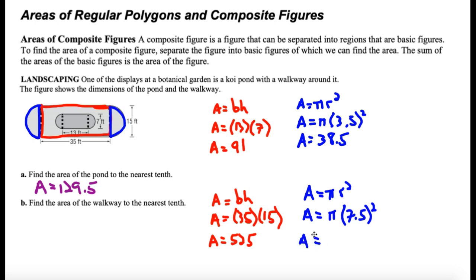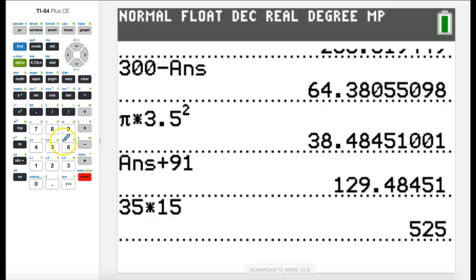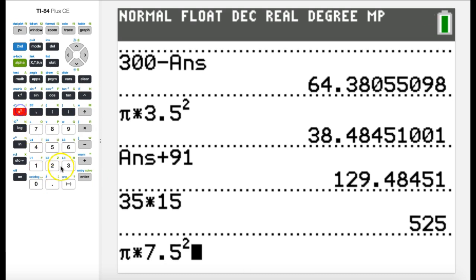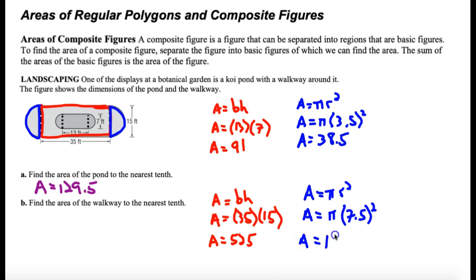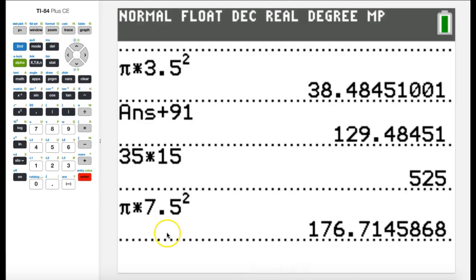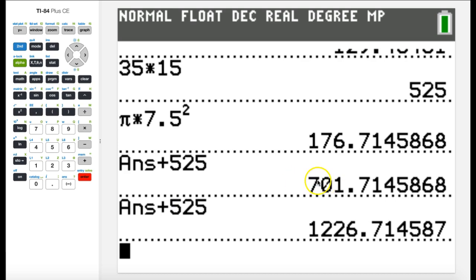So the area is going to be pi times 7.5 squared, 176.7. So the total area of this whole thing will be 176.7 plus 525. Which gets me, whoops, I hit it twice, 701.7.